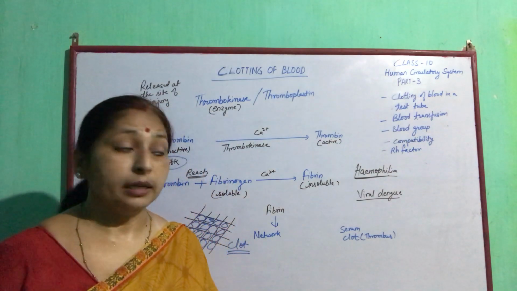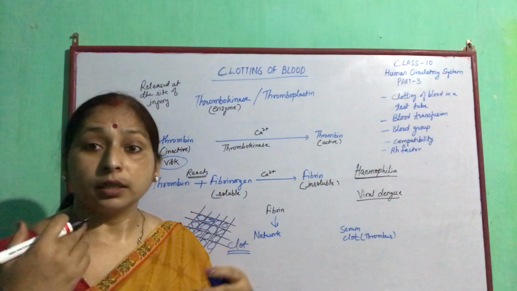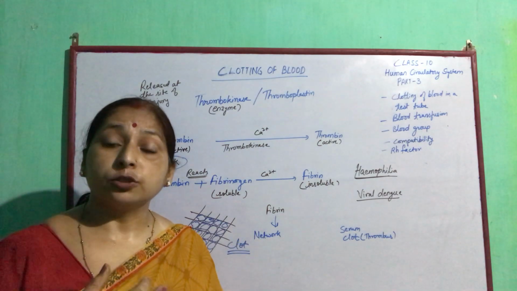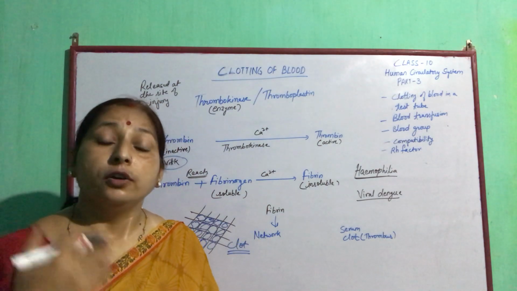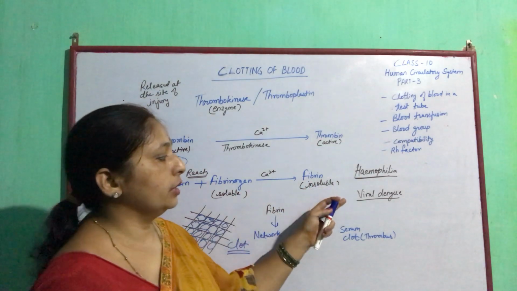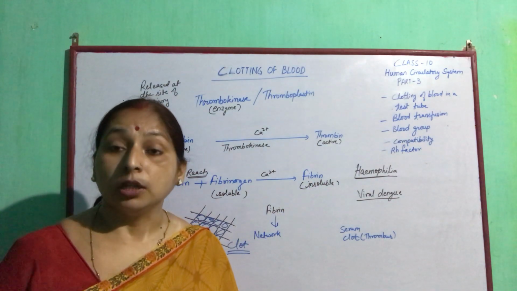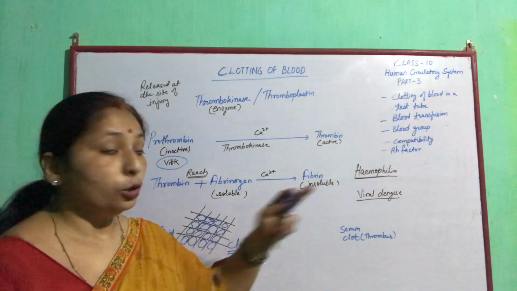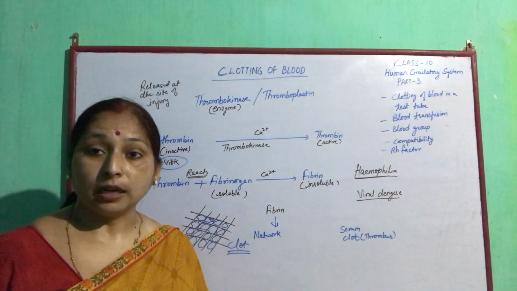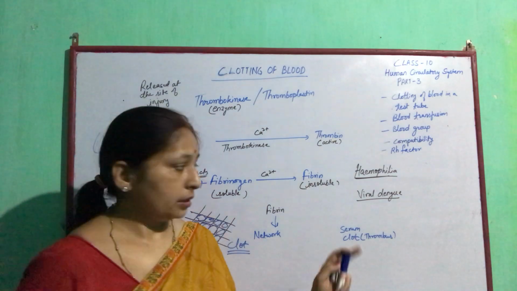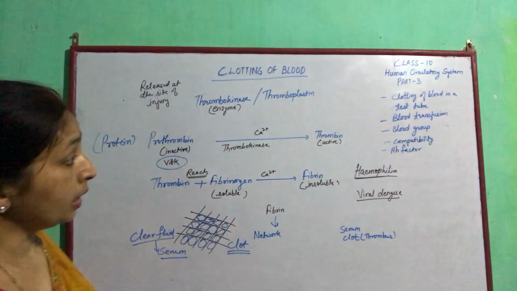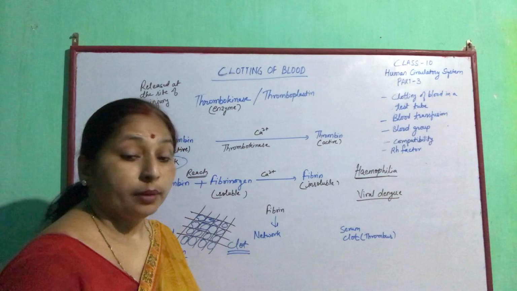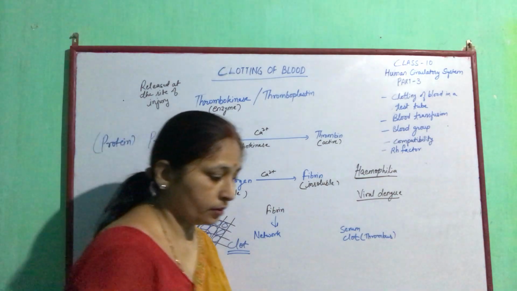So a decrease in platelets leads to less blood clotting, leads to excessive blood flow from the injured part, or even death of the person. Low blood platelet count may lead to death of the person. So this one. Next topic is blood transfusion.